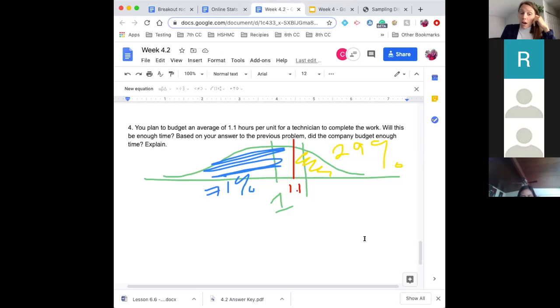Some may argue yes, 1.1 is enough hours. Almost two thirds, 70%, get the maintenance done below that. Some may say no, because almost 30% are above 1.1, and if that's the case, we're going to go over budget.